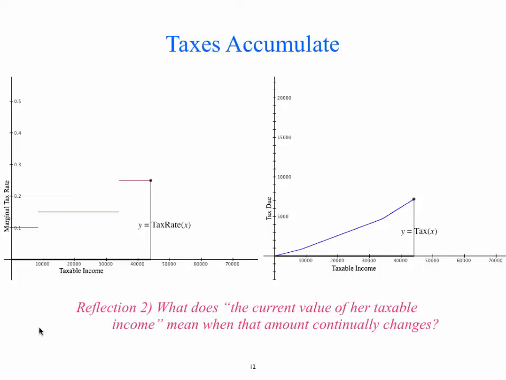It's a little bit of a trick question. The current value of her taxable income, anyone, what do you think? Nick? Is that her earnings for the year so far? Her earnings for the year so far, okay? One way to think of it. Other thoughts?